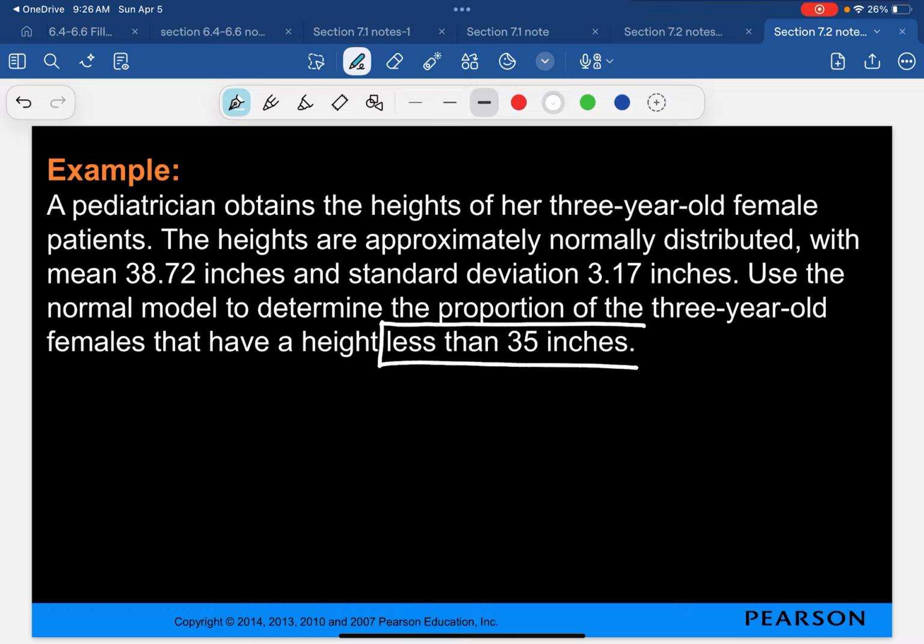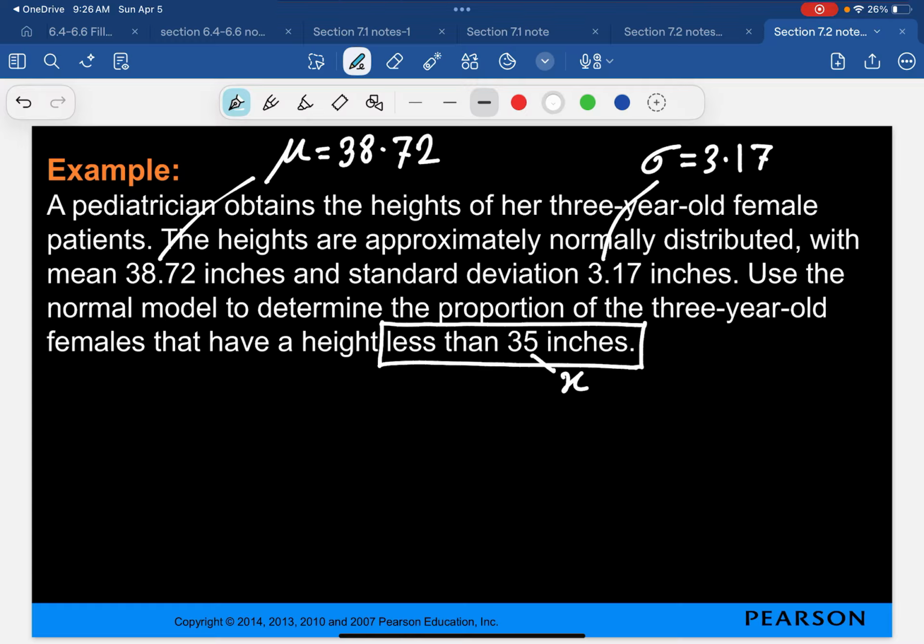So let me highlight the important parts. We are going to find the proportion of 3-year-old females whose height is less than 35 inches, okay? The mean is given by 38.72, so that is mu, and sigma is 3.17, and x is 35. So 35 is basically our x.